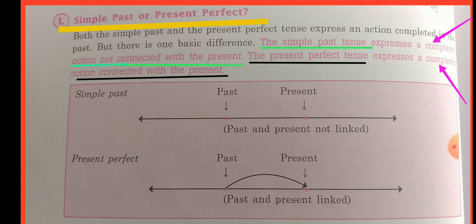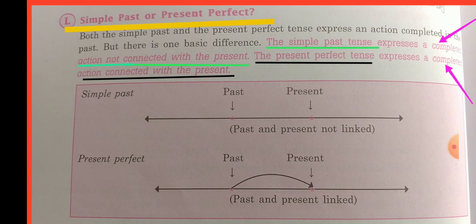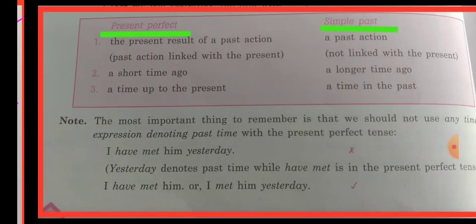The main difference is that the simple past tense expresses a completed action which is not connected with the present, but the present perfect tense expresses a completed action which has connection with the present also. So if the completed action has connection with present, there we will use present perfect tense. If the completed action doesn't have any connection with present, there we will use simple past tense.